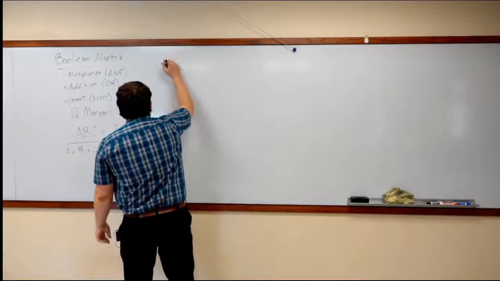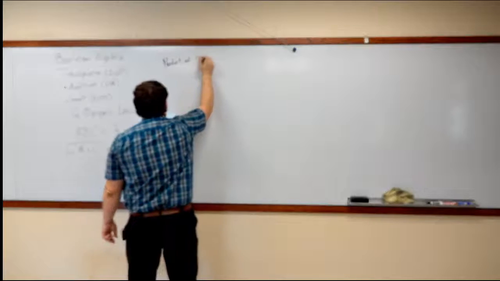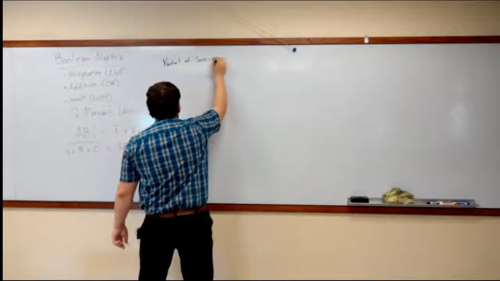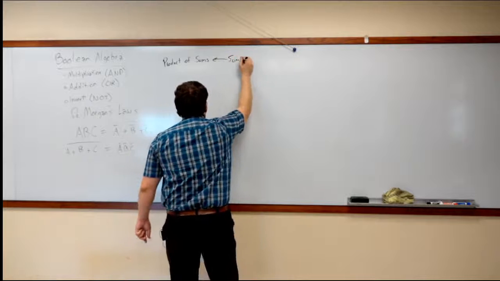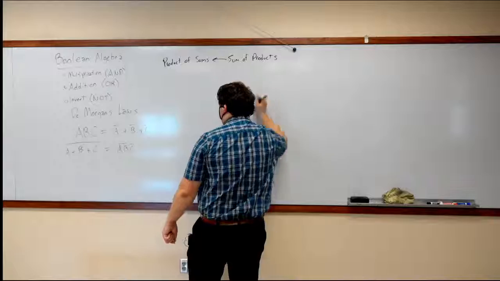All right, so we're going to take a product of sums. No, sorry. We're going to make a product of sums from a sum of products. That's all we're doing.